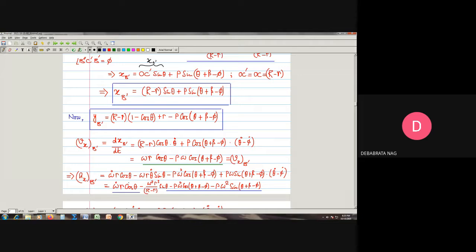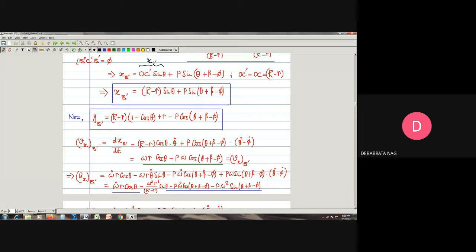Now you substitute in place of theta dot the expression. You remember theta dot is omega r by capital R minus small r. So if you substitute all these expressions, remembering theta dot minus phi dot is minus omega, you get your desired expression for the acceleration of the point b dash, which is a pretty complicated one and difficult to explain, but we'll try to explain these equations a little later.